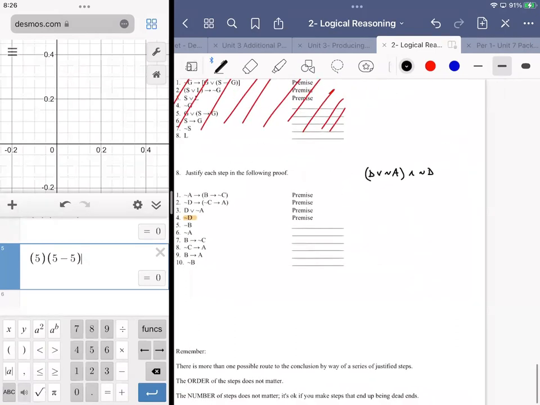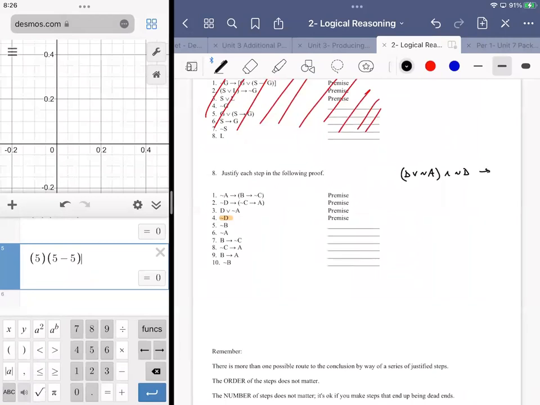And that's what's happening here. The conclusion for this would be not A, and it's just the question of what justifies that. So that would be our law of disjunctive inference. All right, so that doesn't give us a justification for number 5, but it does give us a justification for number 6.